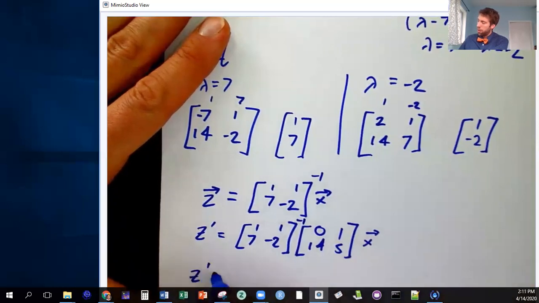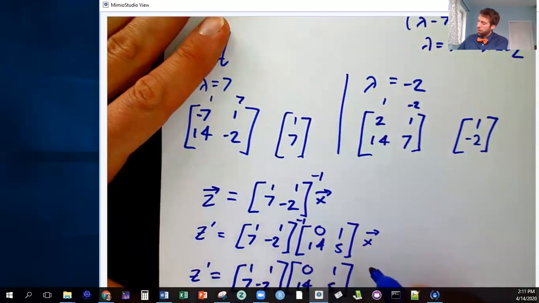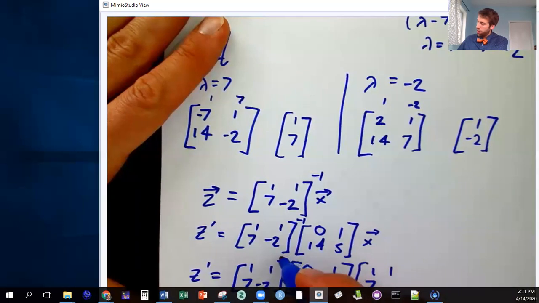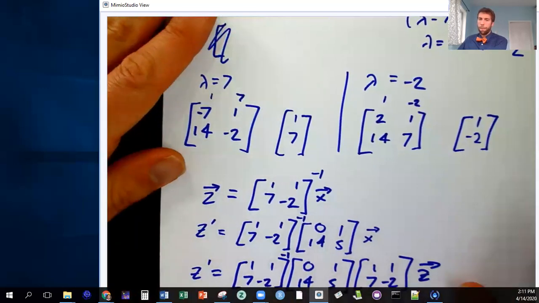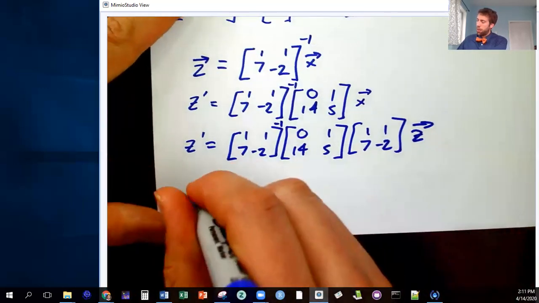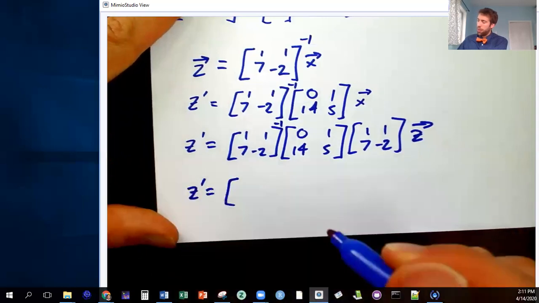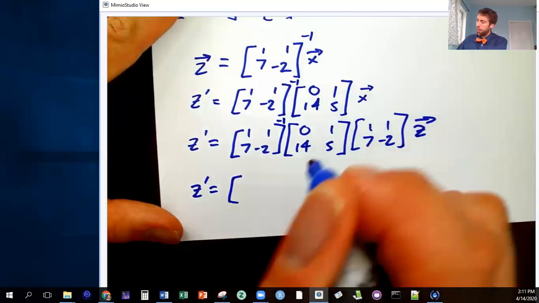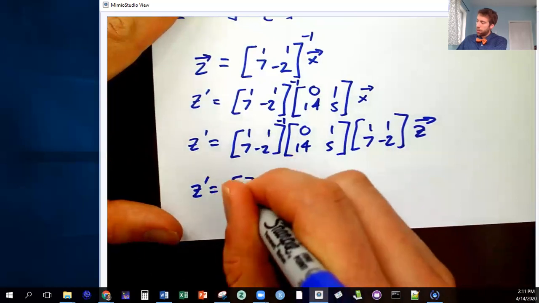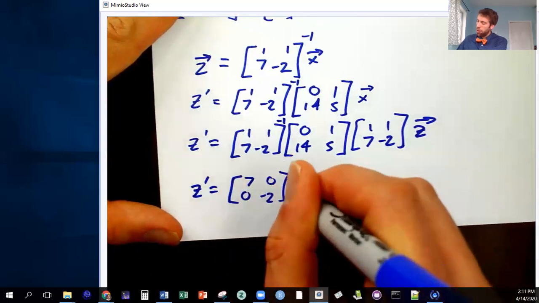So z prime equals T inverse, 0, 1, 14, 5, times T z. Because you've done this many times, you know that multiplying all this together gives you the diagonal matrix 7, 0, 0, negative 2 times z.